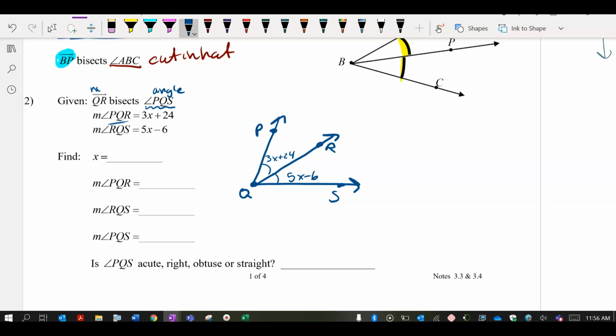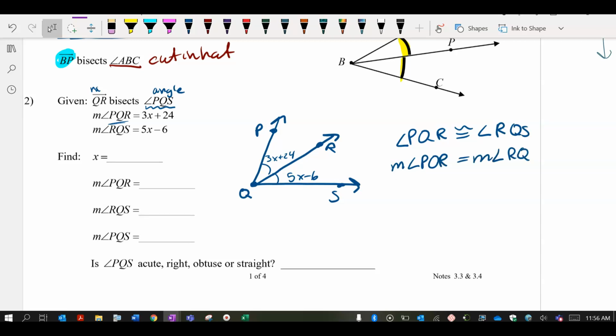So here, since we know that they are bisected, we can say that the angle PQR is congruent to the angle RQS. So then the measure of angle PQR is equal to the measure of angle RQS. So then moving forward, I'm going to plug in what we know. So we have 3x plus 24 equals 5x minus 6.